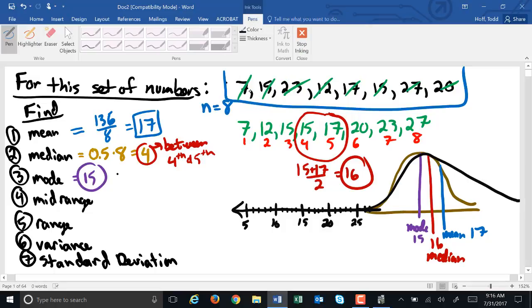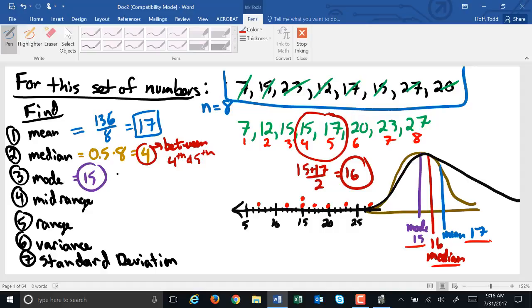We've got 7, 12, 15, 15, 17, 20, 23, and 27. You can see just slightly more stretched out to the right end. Not a lot, though. Like we said, these 15, 16, and 17 are relatively close together, so it's not hugely skewed. Now, for this class, that's not something we're going to be tested on, but if you're looking at this type of information, that's the basics of really being able to break down a data set and think about what it looks like.